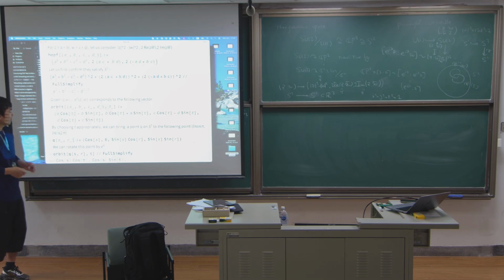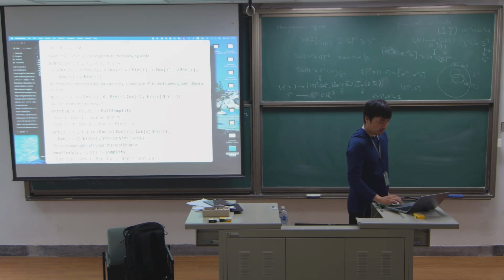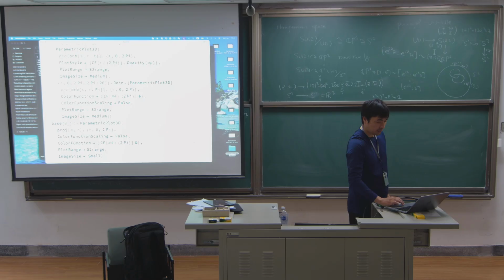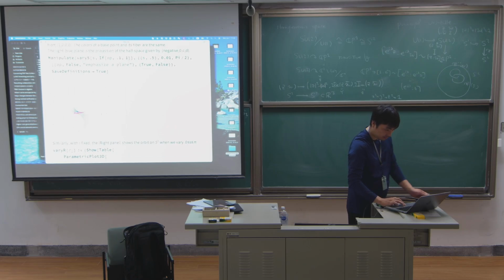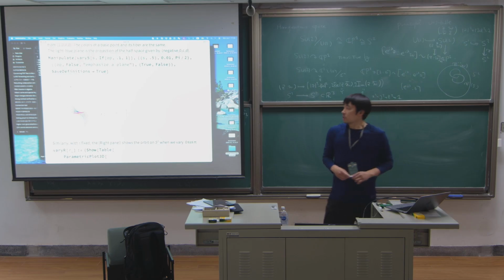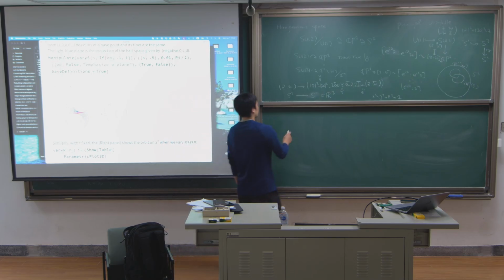And then let's visualize it. The right side still uses stereographic projection.